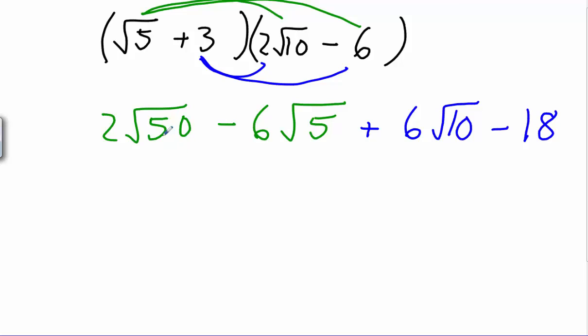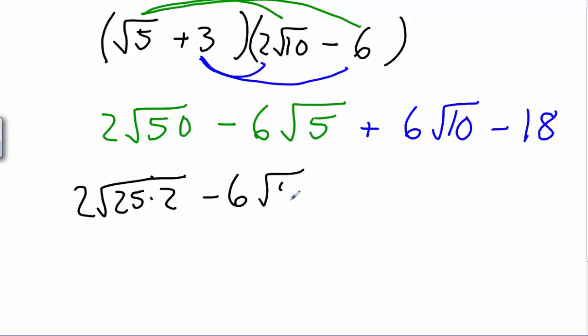Let's see, can we break any of these down? 50 we can. We can break the square root of 50 to become 2 square root of 25 times 2, minus 6 square root of 5 doesn't change, plus 6 square root of 10 doesn't change, minus 18.